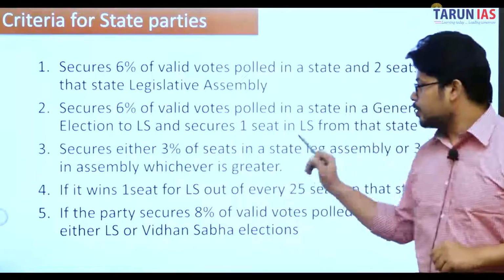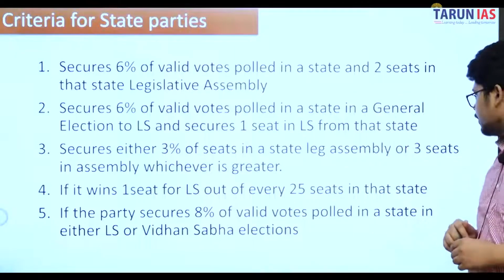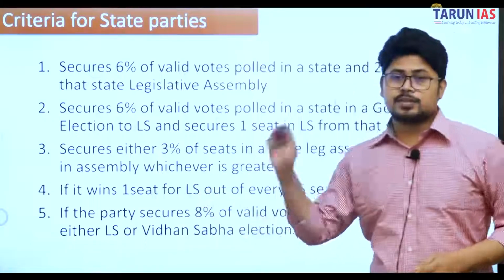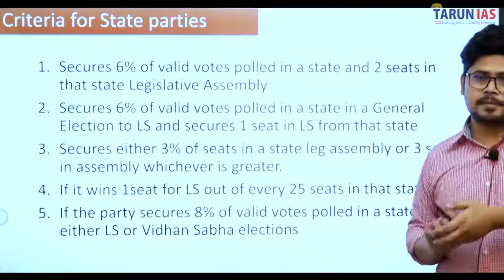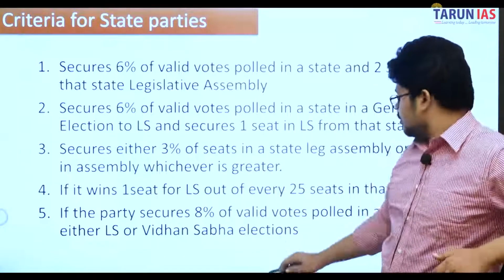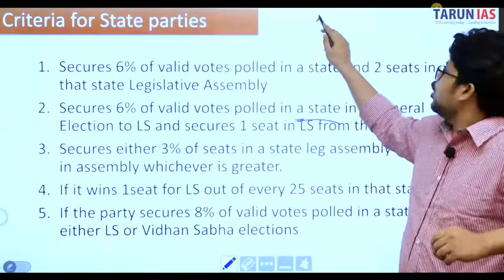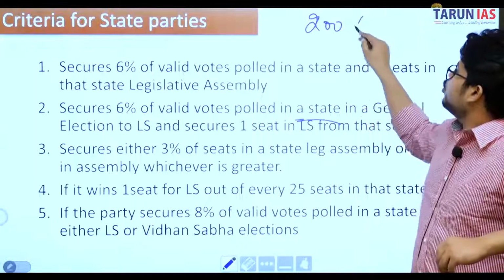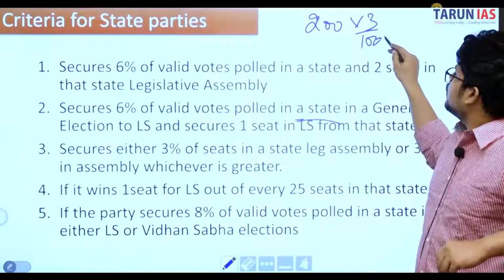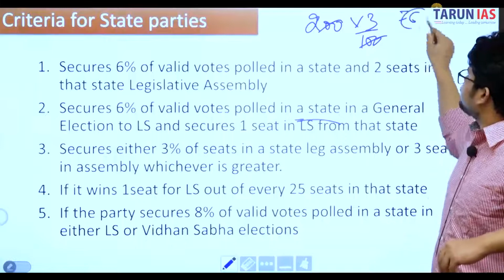It secures either 3% of seats in the state legislative assembly or 3 seats in the assembly, whichever is greater, okay. If a state legislative assembly has 200 seats, then 200 into 3 by 100 is equal to 6 seats.